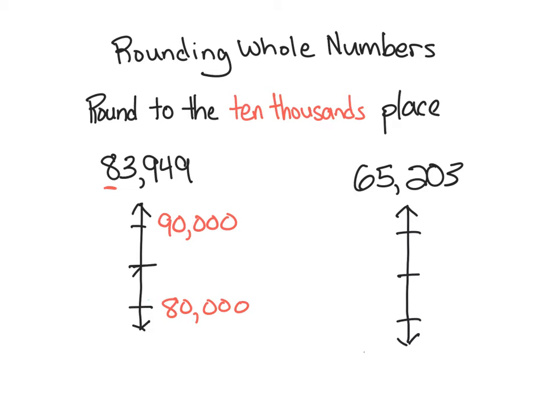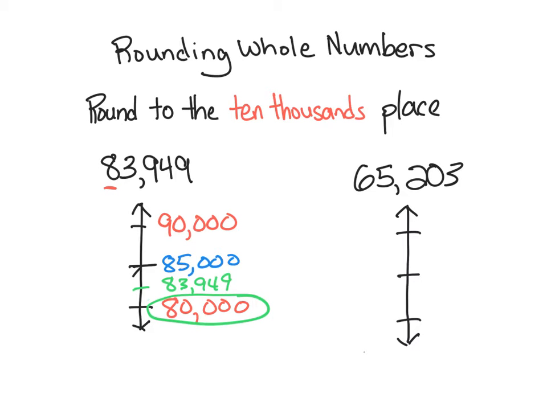Halfway between 80 and 90,000 would be 85,000. Now we look at our number, 83,949. Is that bigger or smaller than 85,000? It is smaller, so we plug it in right here. And because it's below 85,000, we then round it down to 80,000.